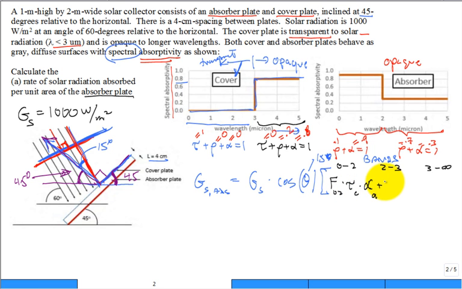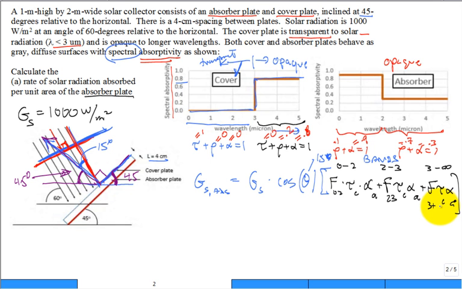We find that fraction that's from 2 to 3 that's transmitted through the cover and absorbed in the absorber. The fraction of solar that's in the 3 plus micron is then transmitted through the cover and absorbed in the absorber. You see how we have 3 bands and we're summing it up?